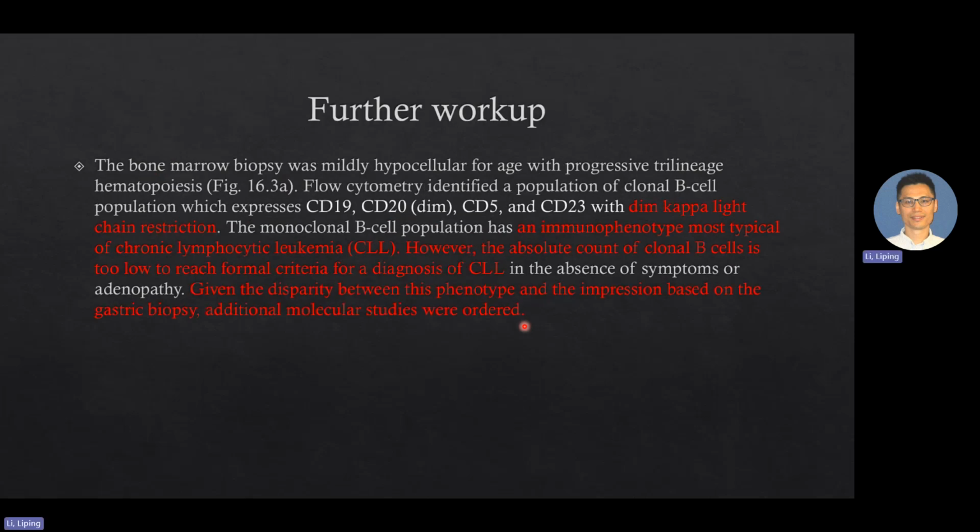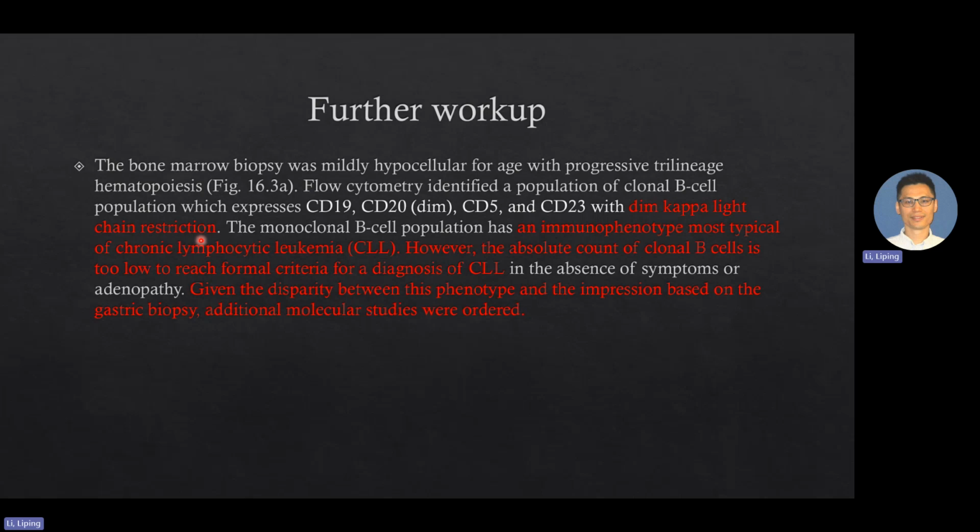For the further workup of this patient, when you diagnose a lymphoma, we always want to know whether the patient has bone marrow involvement, so we do a bone marrow biopsy. Then the flow shows a different immunophenotype from the first one: CD19, CD20, CD5, now CD5 positive, and CD23 also positive, with dim kappa light chain restriction.